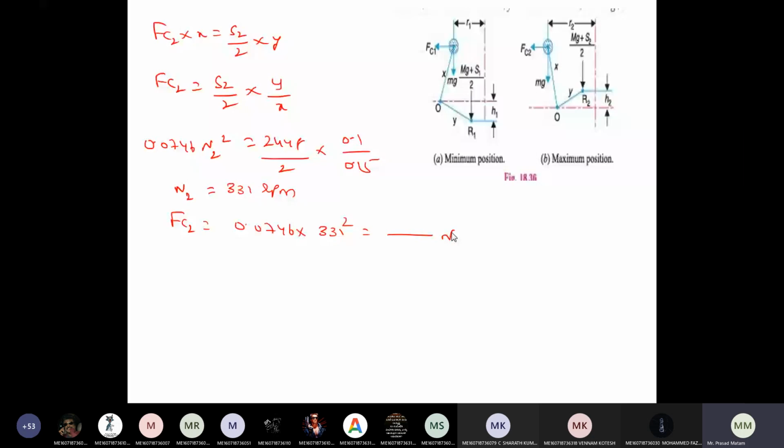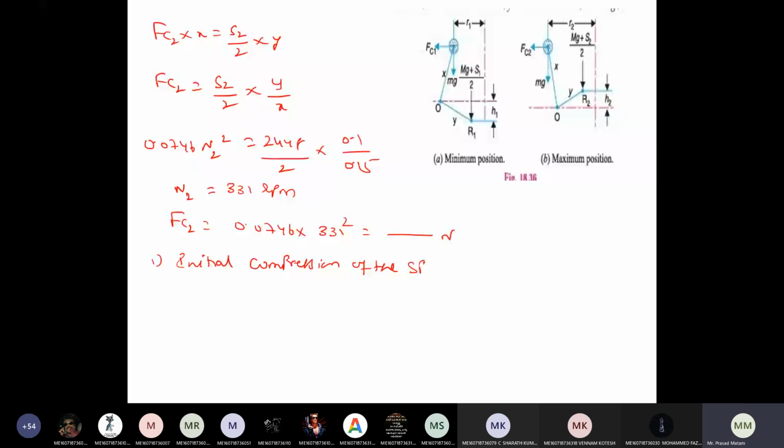Centrifugal force 2. Okay, after finding this centrifugal force 2, let us try to find out the initial compression of the spring. He is asking to find the initial compression of the spring.